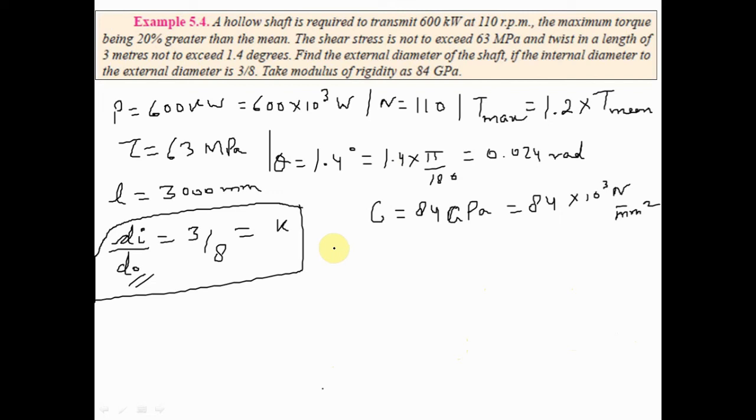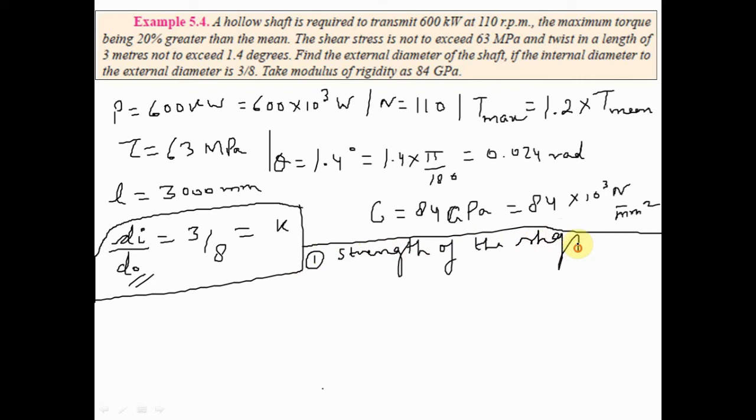Now again we have to do based on two concepts. First, considering the strength of the shaft, you will be using the equation T by J is equal to tau by R. From there you have to find the value of the diameter of the shaft. So considering strength of the shaft, you can write T max is equal to pi by 16 times tau times d outer to the power 3 times 1 minus k to the power 4.